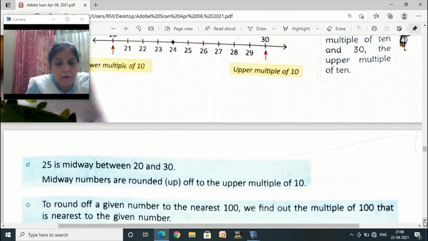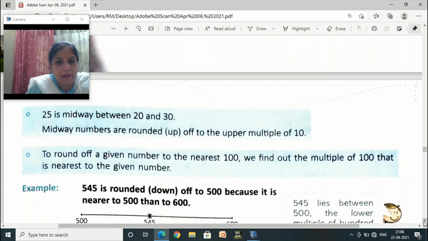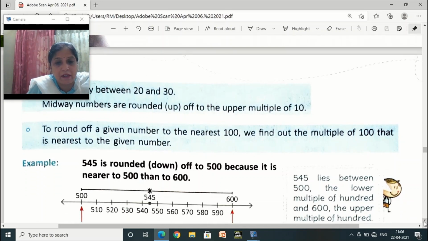Similarly, we will find out how to round off a given number to the nearest 100 with the help of a number line. We find out that multiple of 100 that is nearest to the given number. For example, suppose you have to find out whether to round off 545. First we draw a number line from 500 to 600, and in between just mark 545.